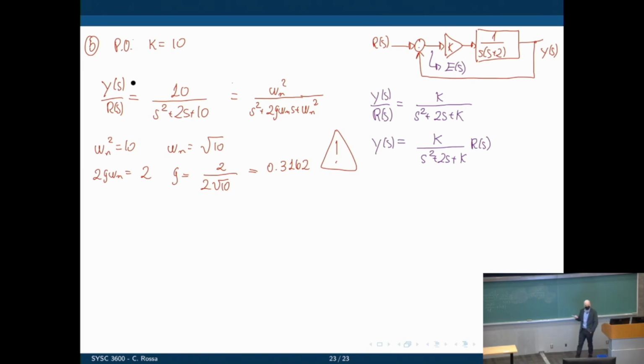That's a problem because we don't want any overshoot. This controller gain of 10 will indeed lead to a lot of overshoot, because we have a damping ratio that is smaller than 1. So we can calculate the percent overshoot by plugging this into the equation: 100 times exponential of negative pi times zeta divided by the square root of 1 minus zeta squared.